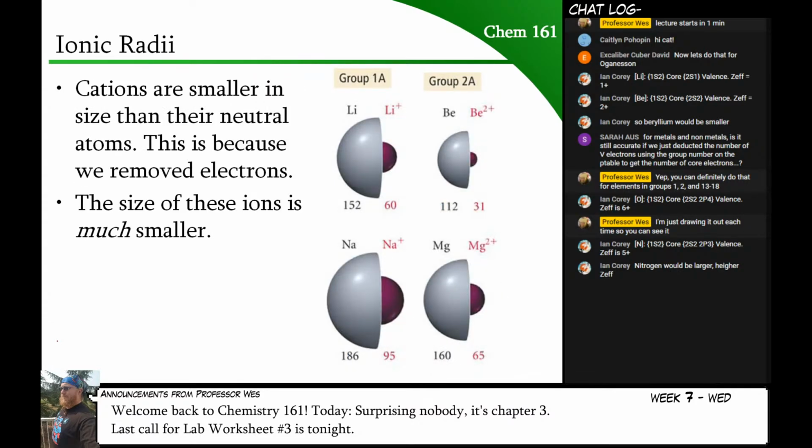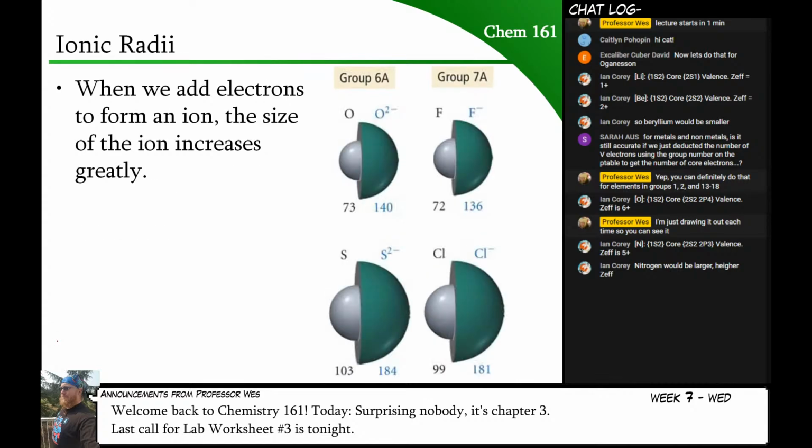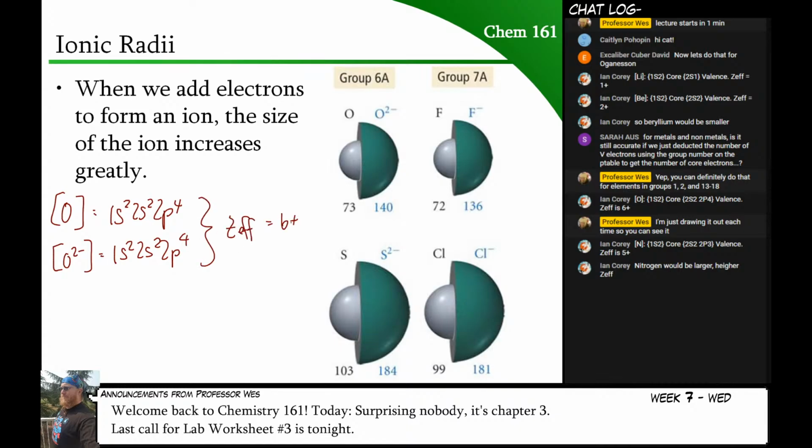Now, what about the reverse process for making anions here? Well, when you add electrons, their size increases very quickly, but it's not because of Z effective. Because if I'm adding electrons in here, regardless of whether I have O or O2 minus, you should be able to calculate that Z effective for these is the same thing.